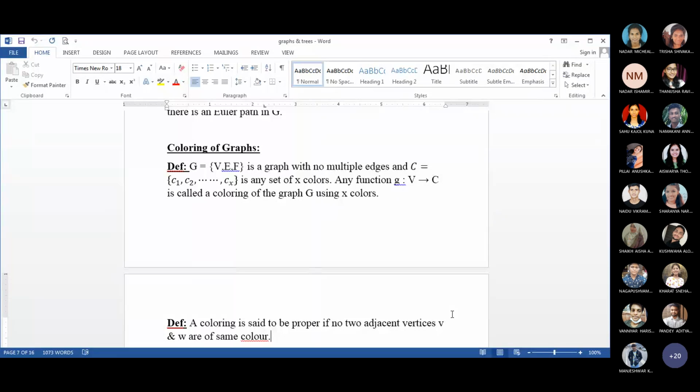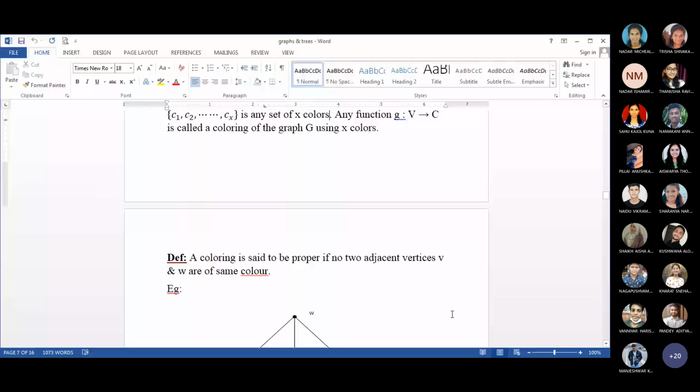Using some color from it, we color the vertices. That is what is basically known as a coloring. So any function G from V to C is called a coloring of a graph using X colors.